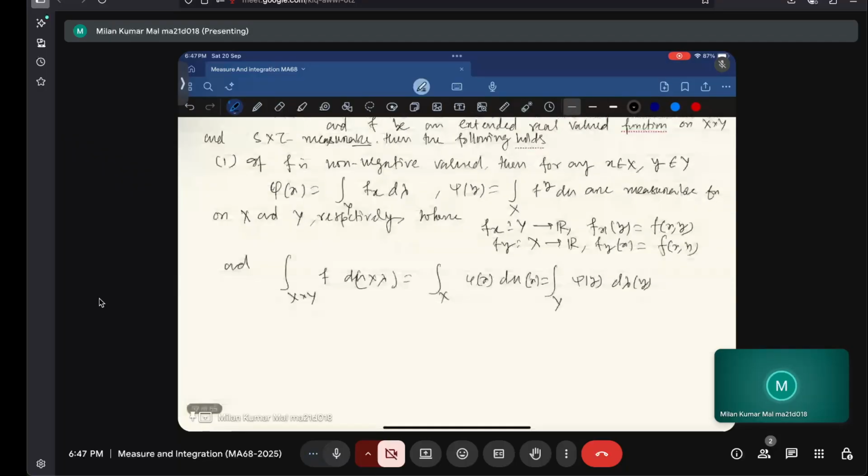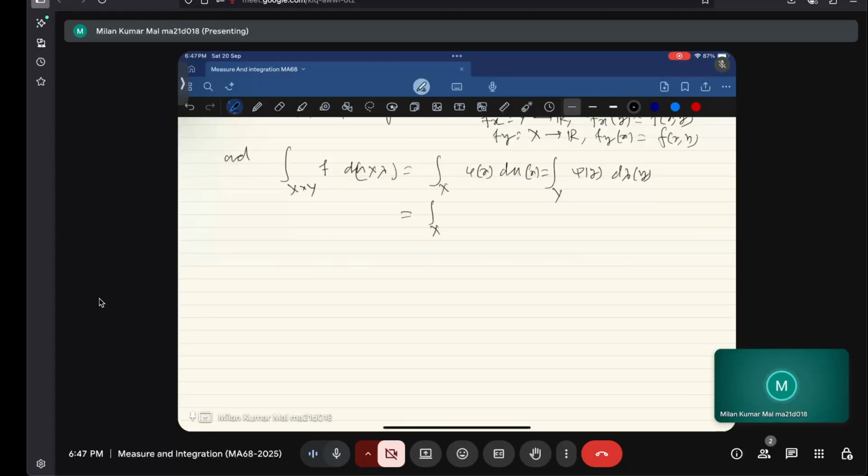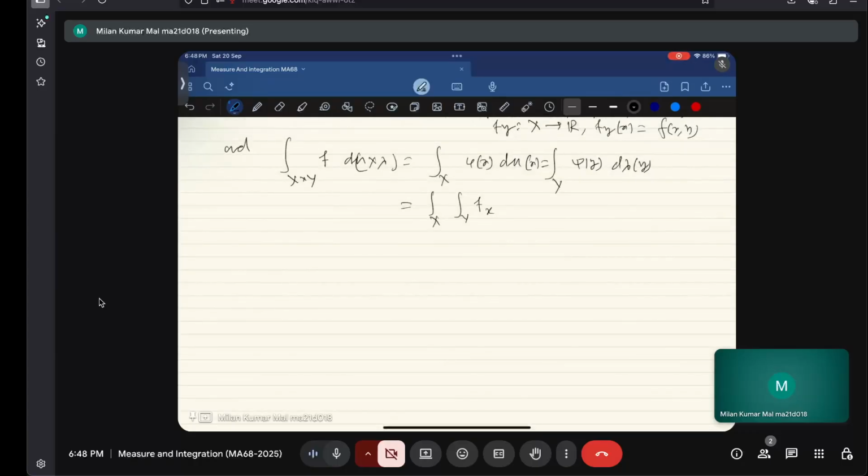So whenever this is positive, if you look carefully, this will be the integral over X of the integral over Y of f, where phi at the point x means f_x at the point y with d lambda y, with d mu x. This is what it means. So this is the integral over X of the integral over Y of f(x, y) d lambda y, whole into d mu x.